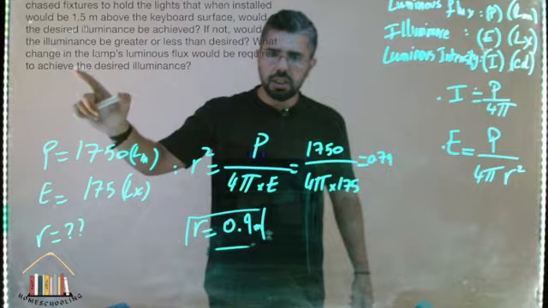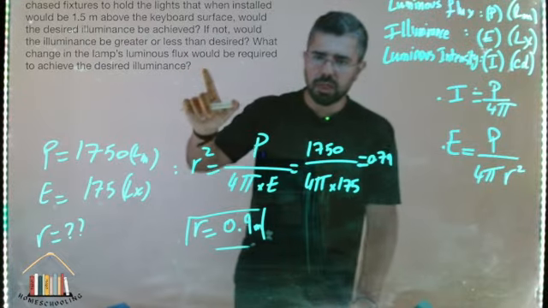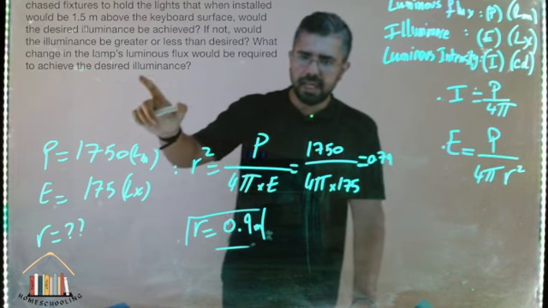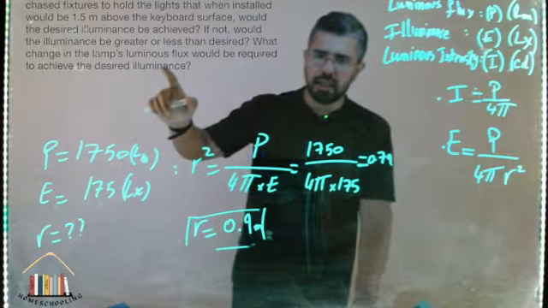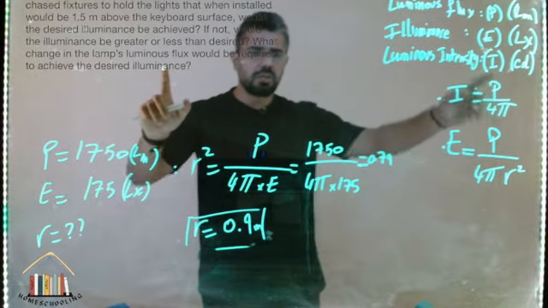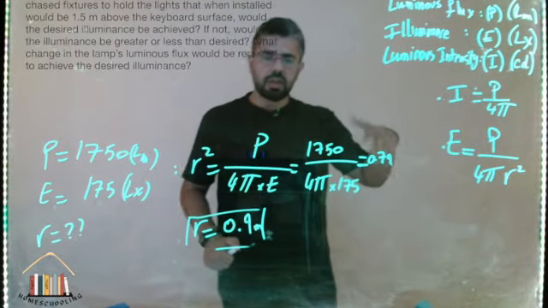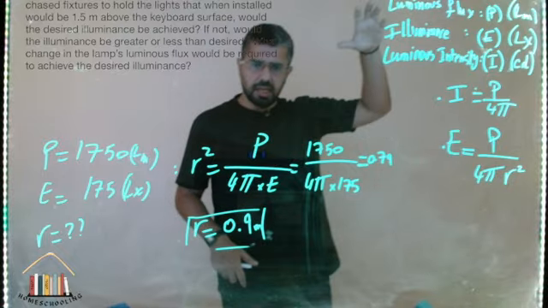So what change in the lamp's luminous flux would be required to achieve the desired illumination? Okay, so it's asking for a change or modification in the luminous flux. Of course we have to bring a bigger light bulb, because remember the distance is higher, 1.5 meters.